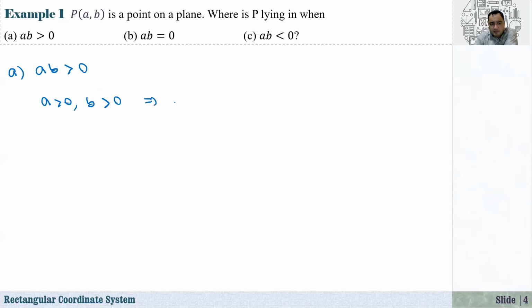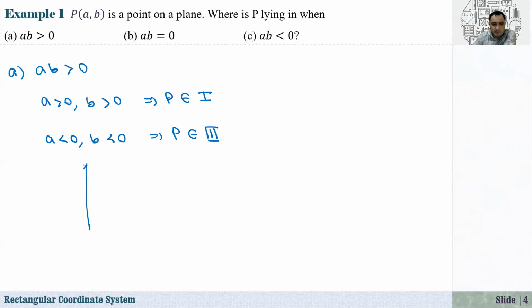That means that P belongs to quadrant 1, because both coordinates are positive. And how about if A is negative and B is also negative? The x coordinate is negative, the y coordinate is negative. That means that the point is lying in quadrant 3.